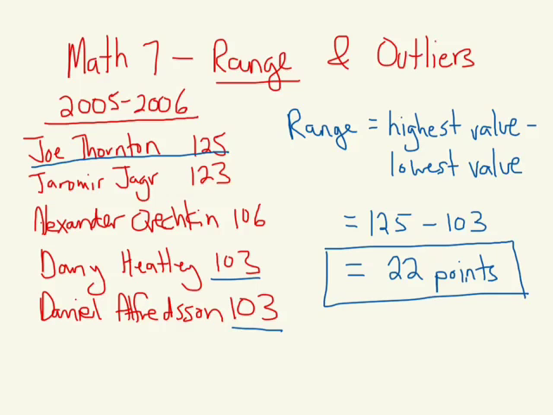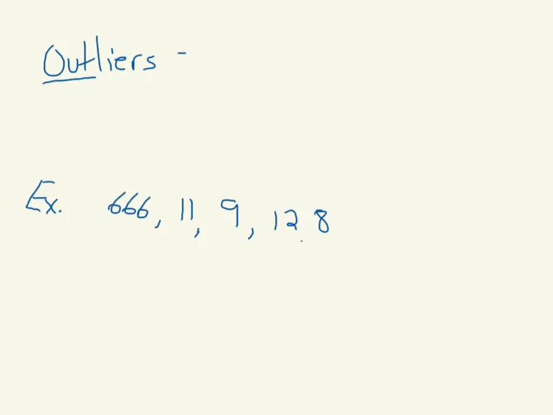Okay, next we'll look at the concept of outliers. Well, it's kind of how it sounds. Out is outside or farther away, and liars, it's spelt a little bit different, but where the data lies. If we had a set of data, so for example, I'll give you a set of numbers: 666, then 11, then 9, then 12, then 8, then 13, and then 10.